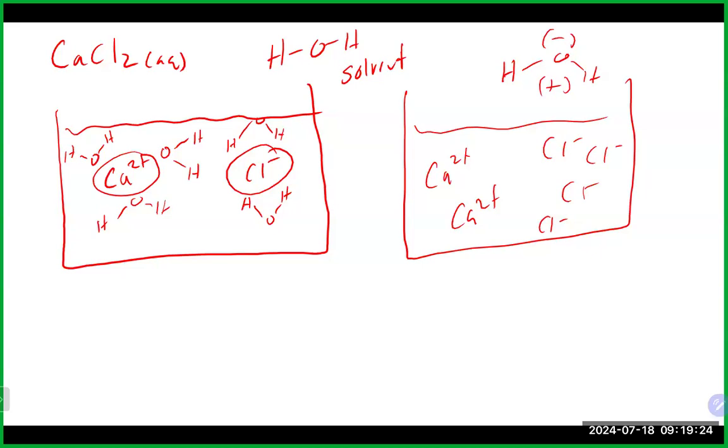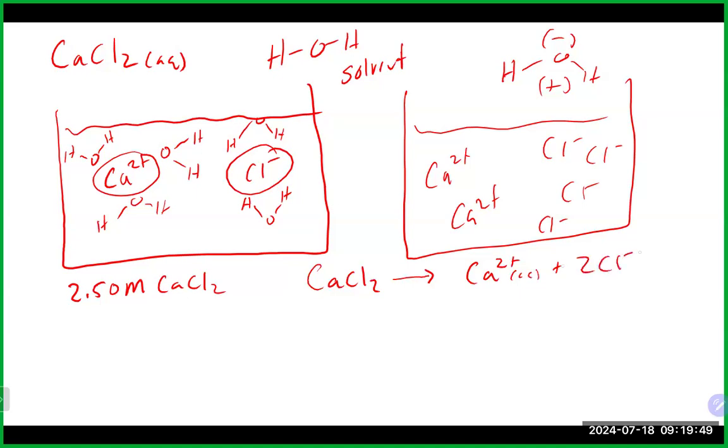So if you had, say, a 2.5 molar solution of calcium chloride, and you were interested in what is the concentration of each of the ions that are present, it is based on how this calcium chloride would break apart in water. And when it did, you would form a calcium ion and a couple of chloride ions in this particular case.